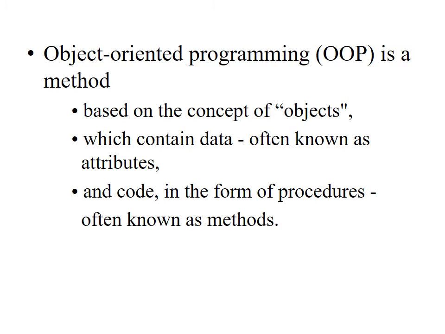The data is nothing but the attributes of the object, and the code section defines what operations we are going to perform on this set of attributes or data. Object-oriented programming is a methodology to design a program using classes and objects. It simplifies the software development process with the help of concepts like inheritance, polymorphism, abstraction and encapsulation. So we can have a better analysis model with the help of object-oriented programming.